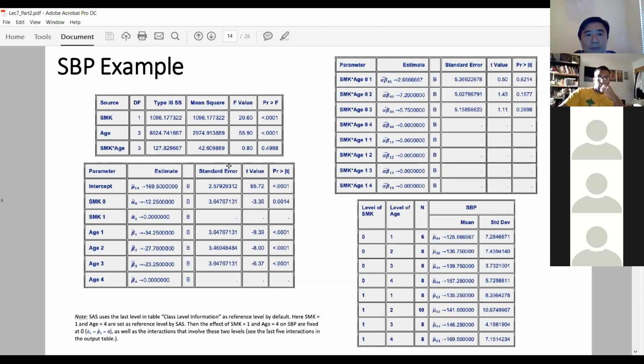And you can see, for example, the age 3 degree of freedom as a whole, the testing of that, you got significant p-values. And then for each degree of freedom, you also have significance. So that means compared with age group 4, which is the oldest group of patients, the systolic blood pressure are all significantly different.